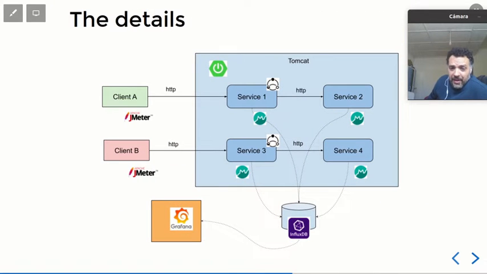The details: I use JMeter for the clients, Spring Boot to build the applications, Tomcat as a servlet container, Resilience4j for Java is a library that implements the Bulkhead pattern, Micrometer to register some metrics on a time series database, and Grafana to visualize the information.